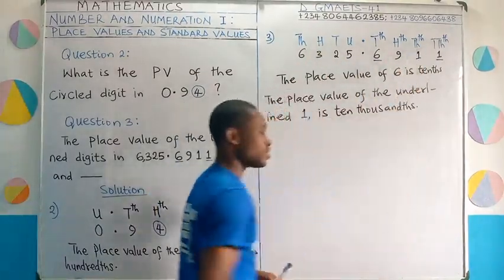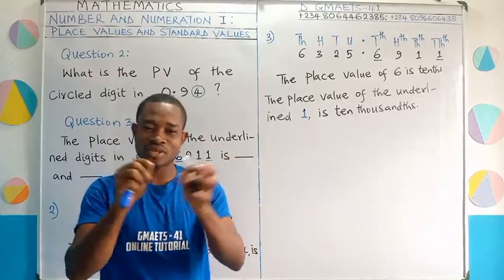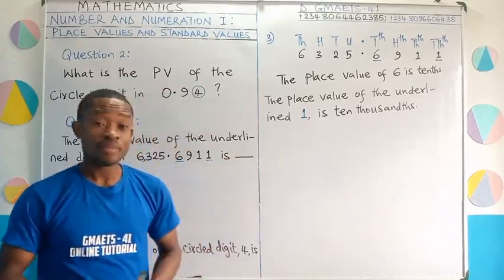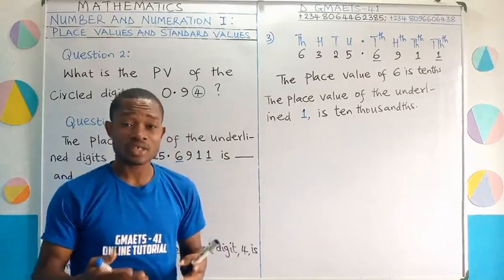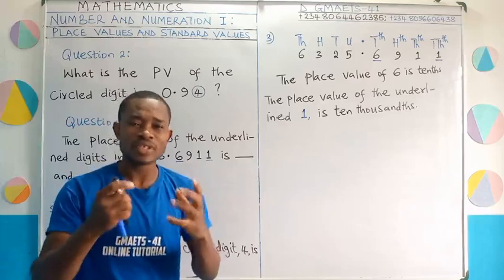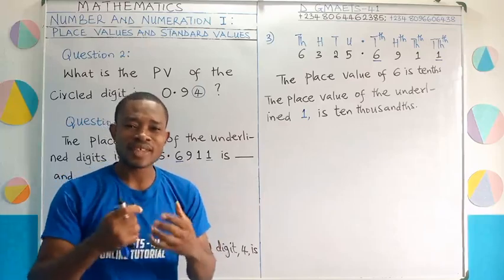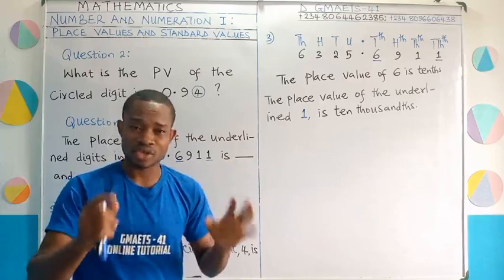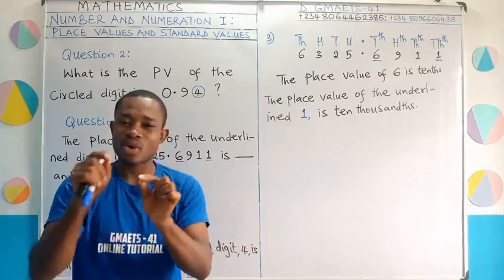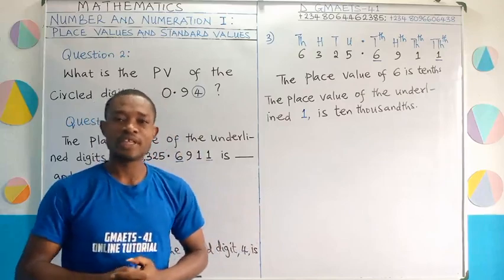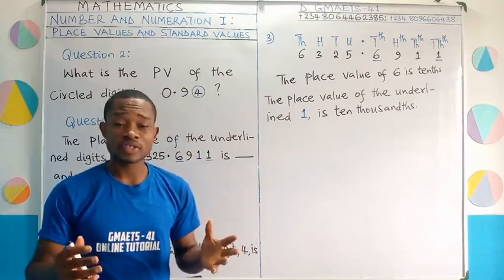I've always arranged them and then placed the digits under the correct place value before giving my answer to the question. The reason is for you to get used to, understand and learn very well how place values are arranged and how the numbers are correctly placed under their place values. This is very important for us.